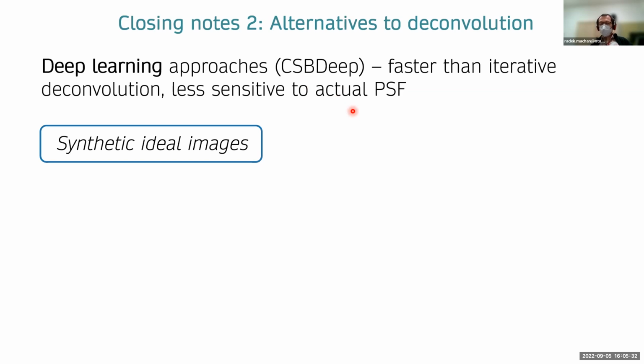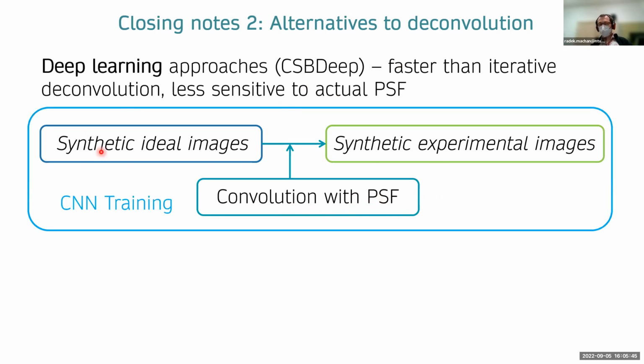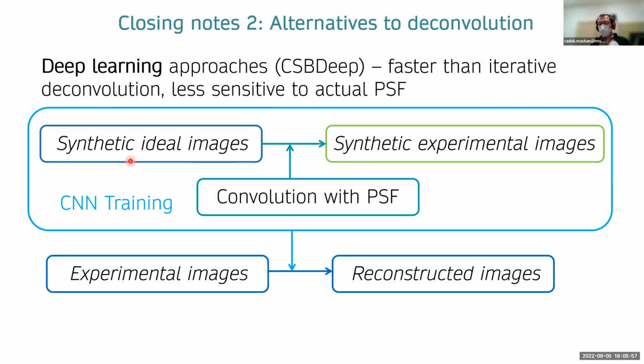They created synthetic ideal images and did convolution with point spread functions, something similar to what I was showing here in the presentation. They created a large set of such pairs of images, and trained a convolutional neural network on that. Then they used the neural network to process experimentally observed images and get a sort of deconvolved image out of that.